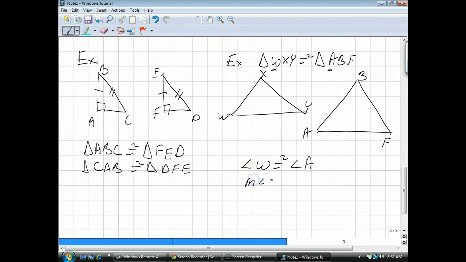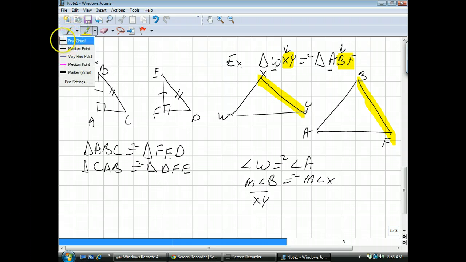I know measure of angle B has to be the same as measure of angle X, because B corresponds to X. Okay? I know that segment XY, which is this segment, has to correspond to segment BF.